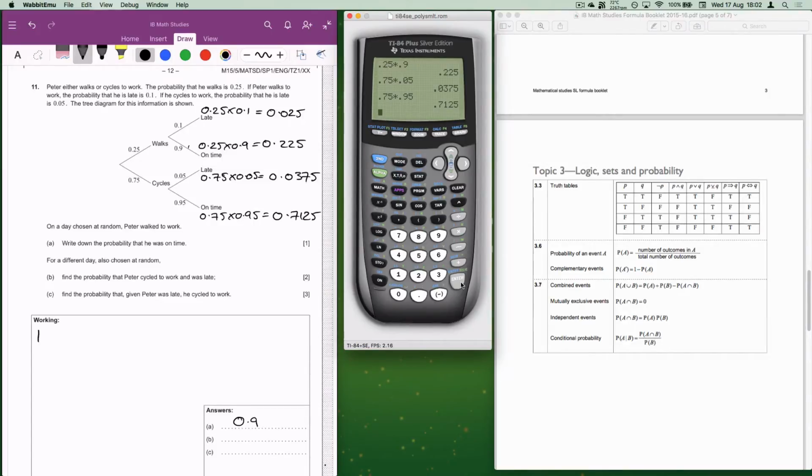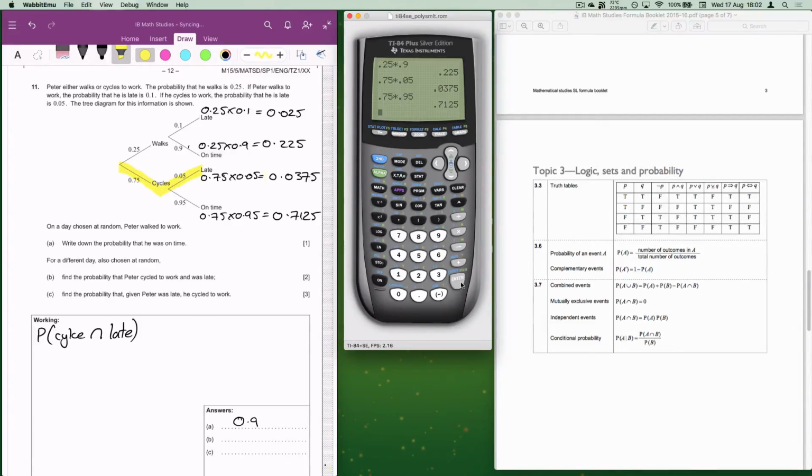So find the probability that Peter cycled to work and was late. So really, this is what we're working out. This is the probability that he cycled and is given by intersection late. So we go in here and we find that he cycles and is late, and that's the branch that we're following there.